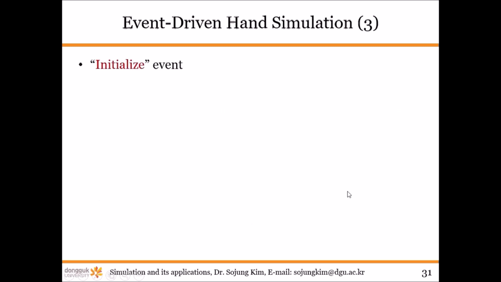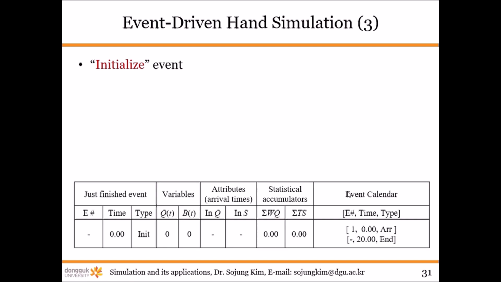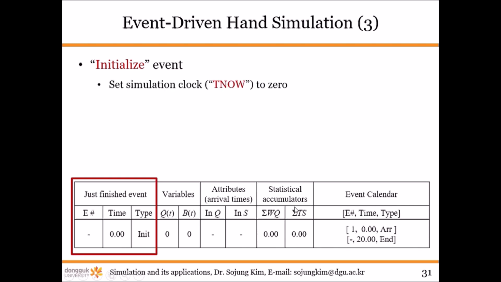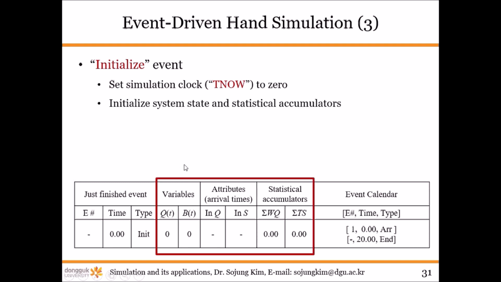Okay, so let's look at the initialization event in this event-driven hand simulation. Initially, the Arena simulation software will set the simulation clock to 0, as you know. So time becomes 0. Okay, and then we have an entity number and an event type. So the event type is initialization. We have the initialization event here at time 0, and as you know, initialization means set all values to 0, right?